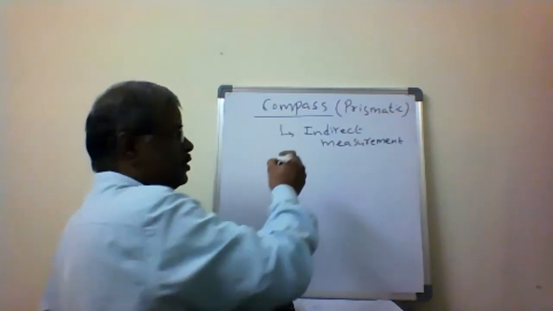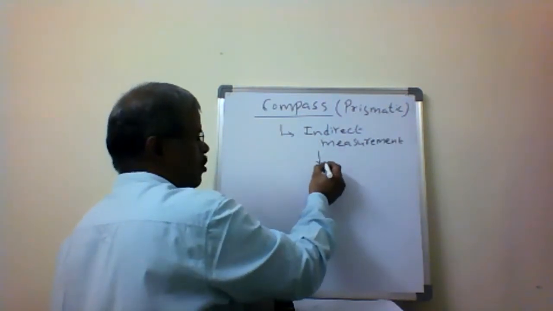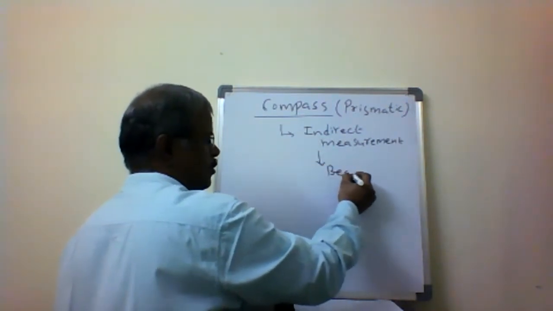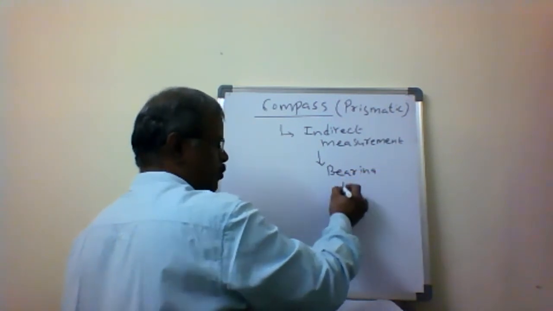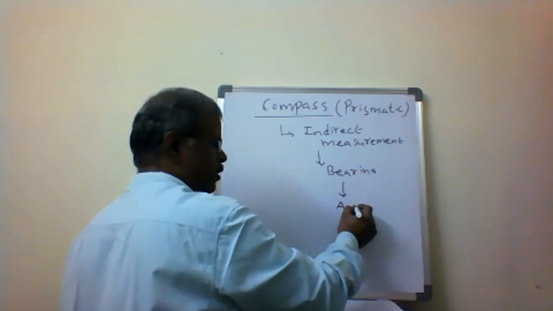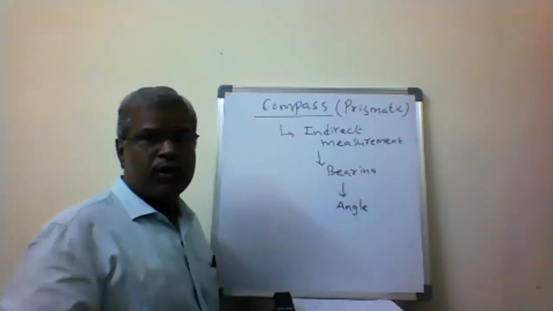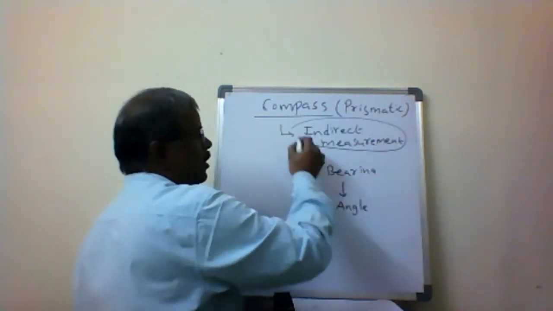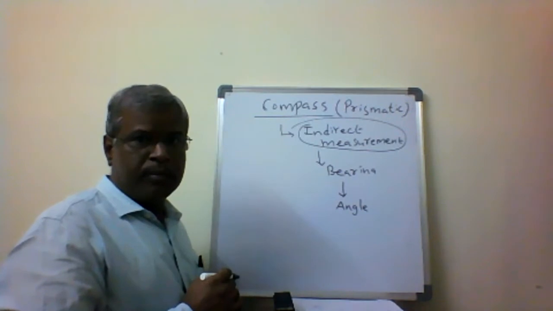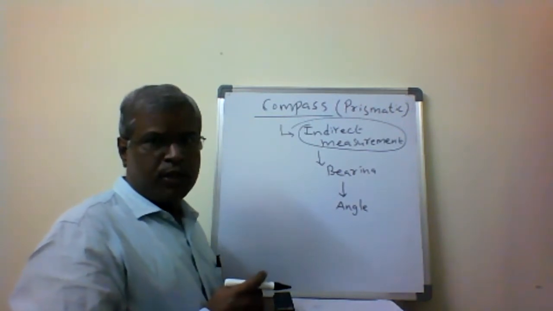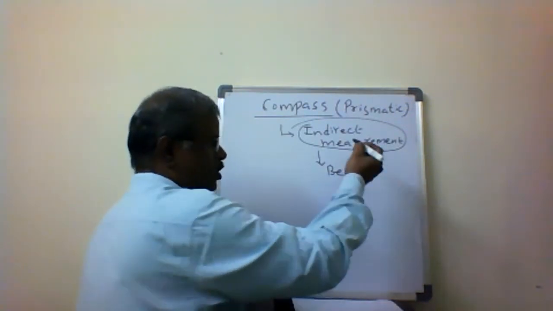From this, first I get the bearing, and from the bearing I get the angle. That's why it is called indirect measurement. By using the compass, we get the bearing, and then the angle.